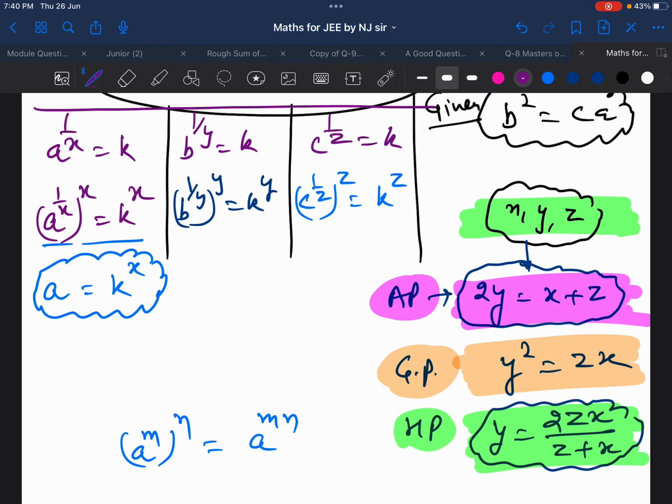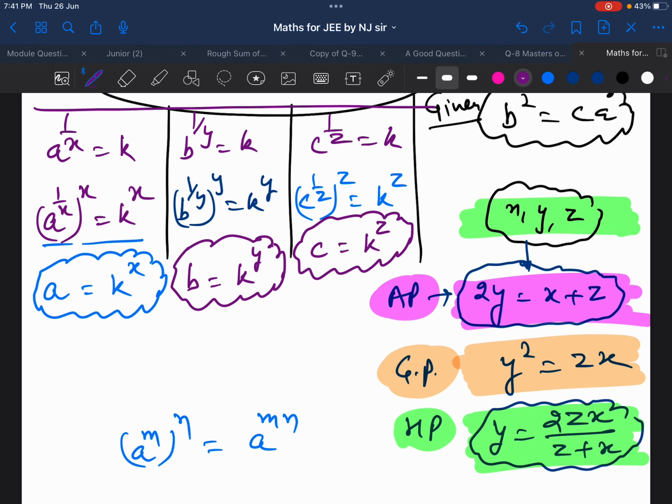Similarly I can write b as k to the power y, because b raised to power 1 by y into y, the y and y will cancel, b to the power 1 remains, which I can write as b. Similarly here I can write c will be equal to k to the power z. These are the three relations in terms of a, b and c. I have calculated a, b, c in terms of k, x, y and z.